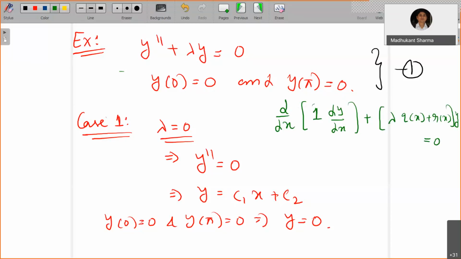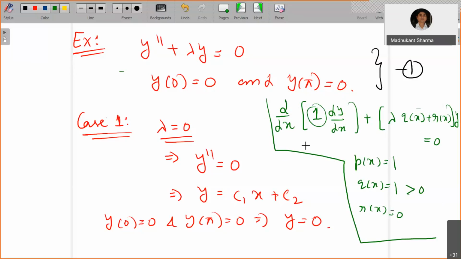So for the Sturm-Liouville boundary value problem, by comparison, p of x is 1, q of x is 1, which is greater than 0, and r of x is 0. Okay, so this information we can find out by comparison. Now there are 3 possibilities: either lambda equals 0, lambda less than 0, or lambda greater than 0. Let's take the first case, lambda equals 0.